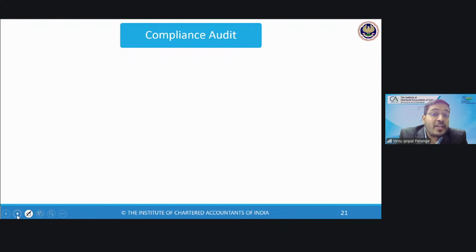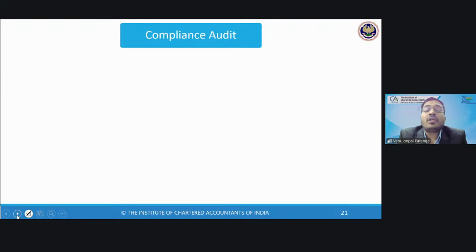So you need to find out whether an employee who served in the company more than 5 years, and retired or was terminated from the role, was paid gratuity as per law or not. So the auditor himself is checking the subject matter against the criteria. So this is a direct reporting engagement.